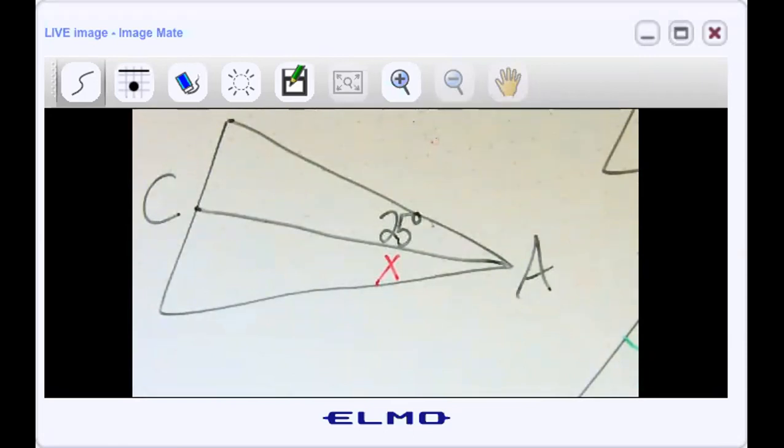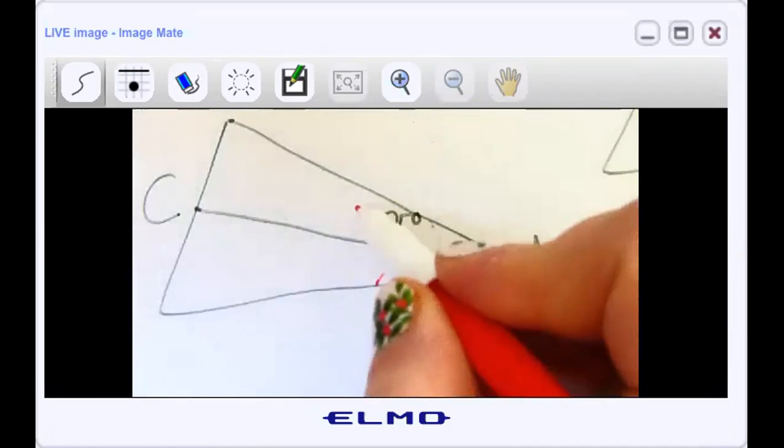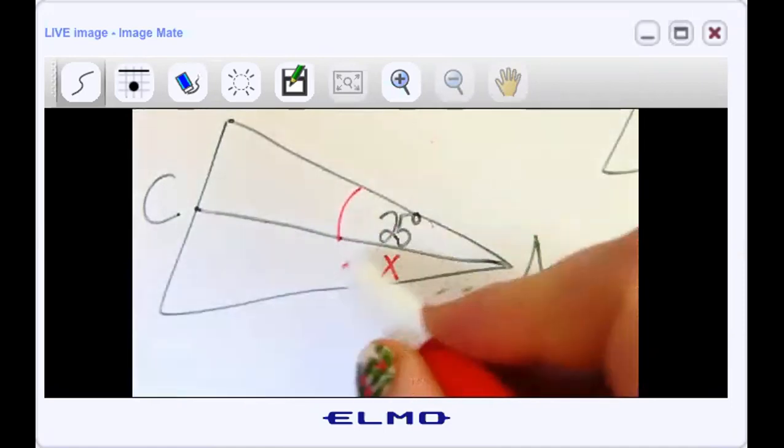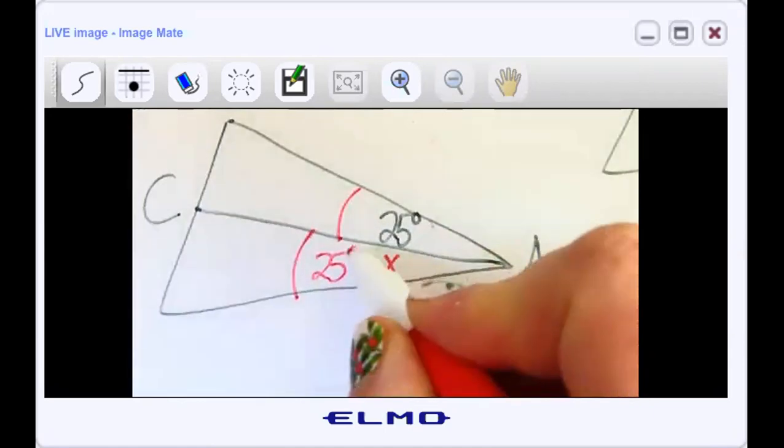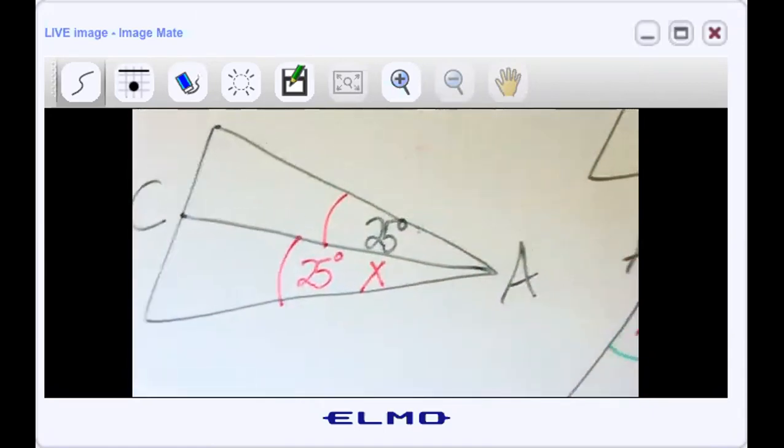Vinny, what is the value of X in this, if we know that AC is an angle bisector? It'd be 25. Yes. If that one's 25, this one's got to be 25 because they are equal to each other. So that one was nice and easy. They both have to be 25s. Perfect. Okay, my next triangle. Let's see what's going on with this one.